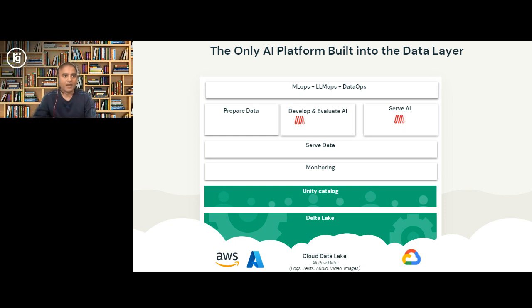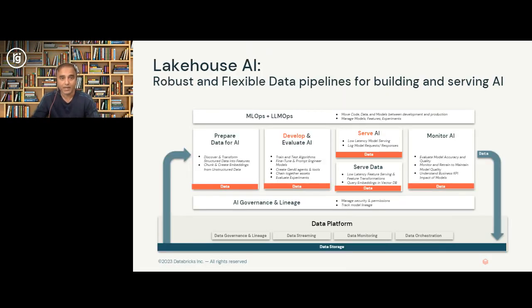So with that as a foundation, we have built the Lakehouse AI platform. These are a set of capabilities we built on top of our Lakehouse platform. When you think about AI and generative AI, a lot of these capabilities start with building and preparing your data.